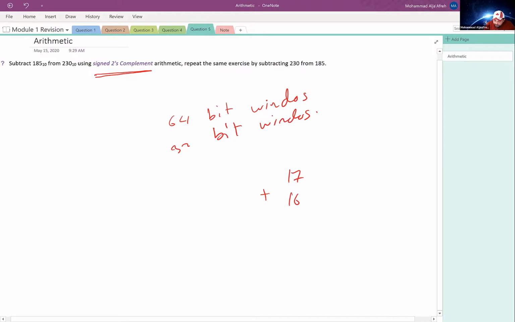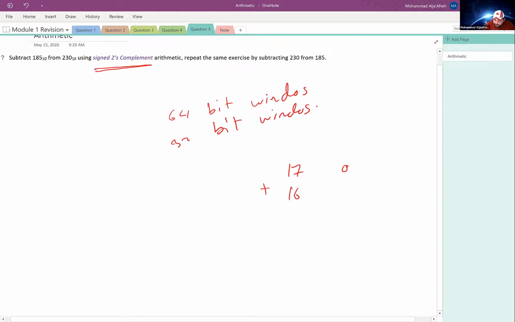So how is 17 represented using 6 bits? 0, 1, 0, 0, 0, 1, because 16 is 0, 1, 0, 0, 0, 0, since this is 2 to the power 4, which is 16, and 2 to the power 4 plus 1 is equal to 17.